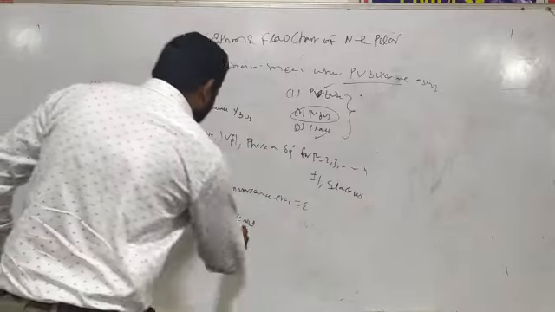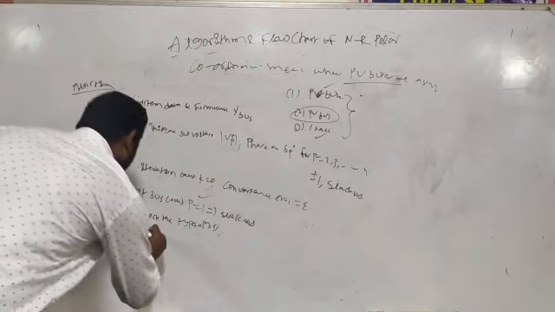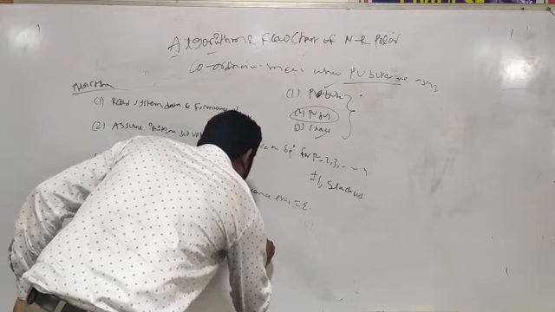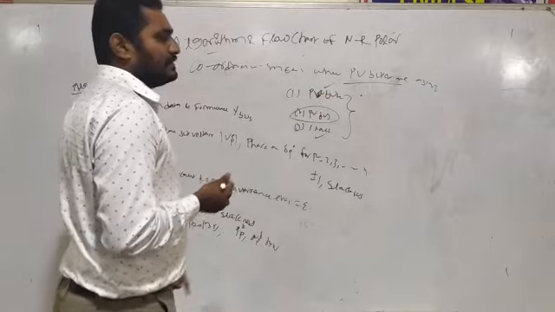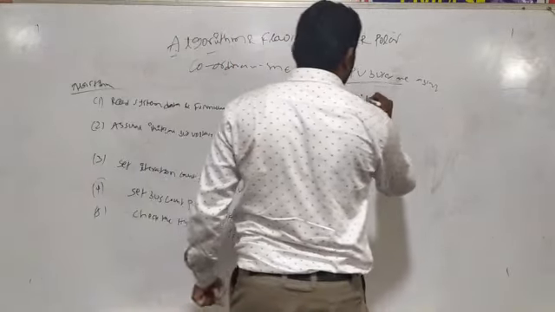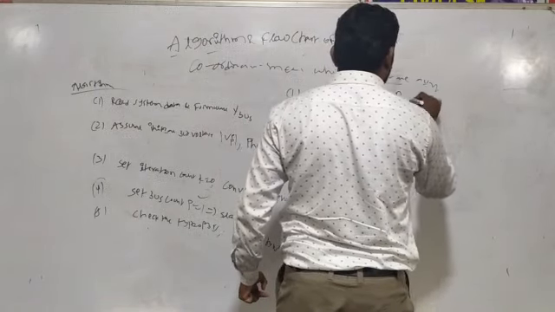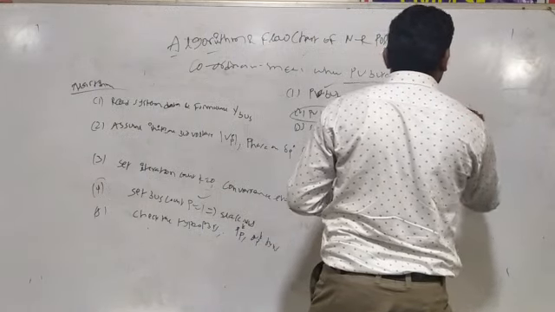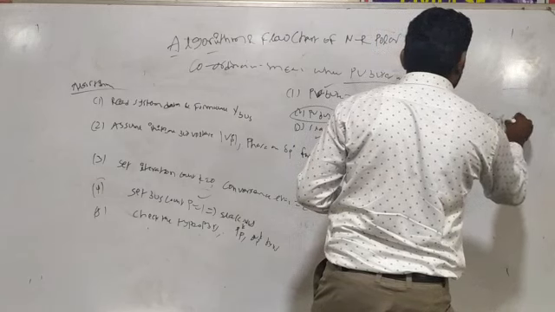And now if the bus is a PQ bus, then we have to calculate the real and reactive powers, that is P_p^k and Q_p^k, by using the equations already derived in the NR polar coordinate method when the PV bus is absent. That is P_p = sigma q is equal to 1 to n |V_p||V_q||Y_pq| cos(theta_pq + delta_p - delta_q).